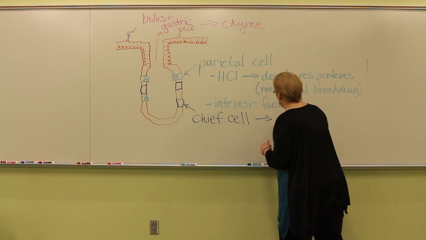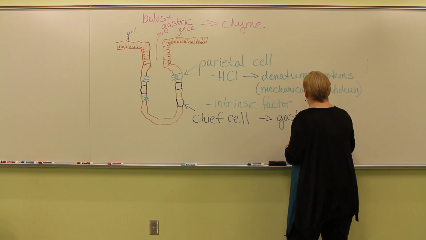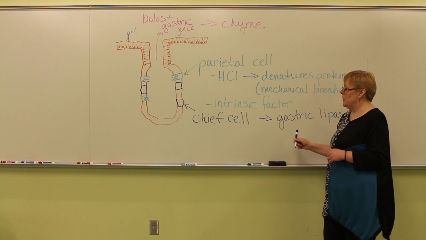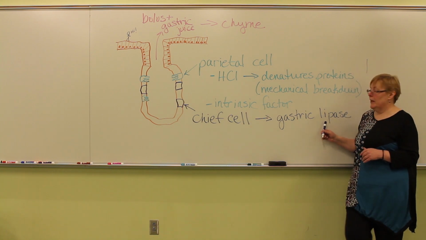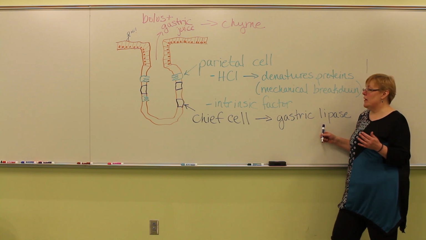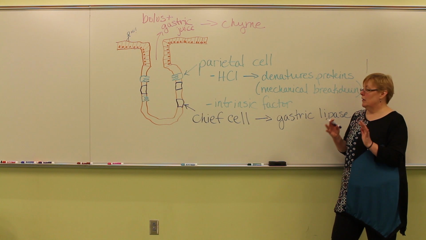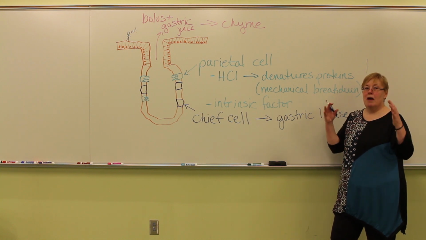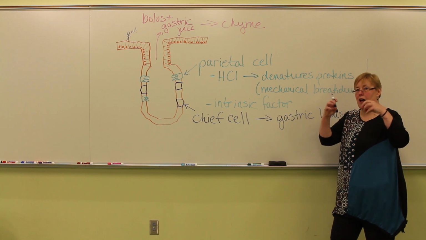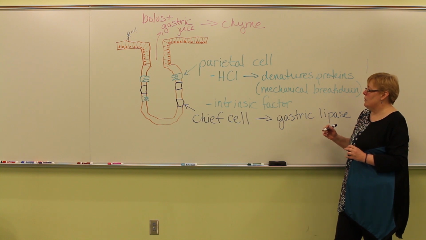We do have a type of lipase that's produced and released as part of the gastric juice, but just like with the lingual lipase, this lipid digesting enzyme is not going to be very efficient because there's nothing in the gastric juice that causes lipids to break up. So you have that same issue of the enzymes just kind of chewing from the outside and not being able to get to the core of the lipid droplets.